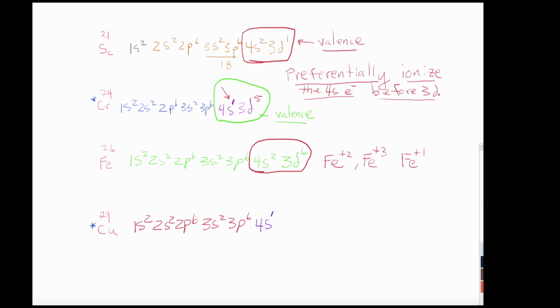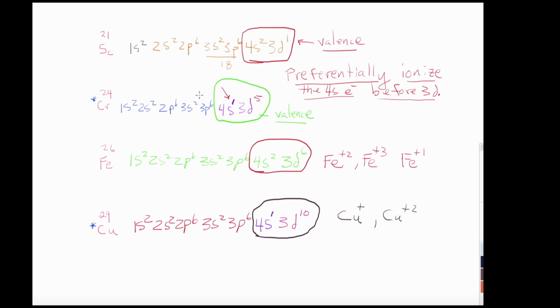And then to finish this guy out, we're going to have 3d10. And again, the valence is the 4s and the 3d here. The common oxidation states of copper are going to be Cu plus 1 and Cu plus 2.